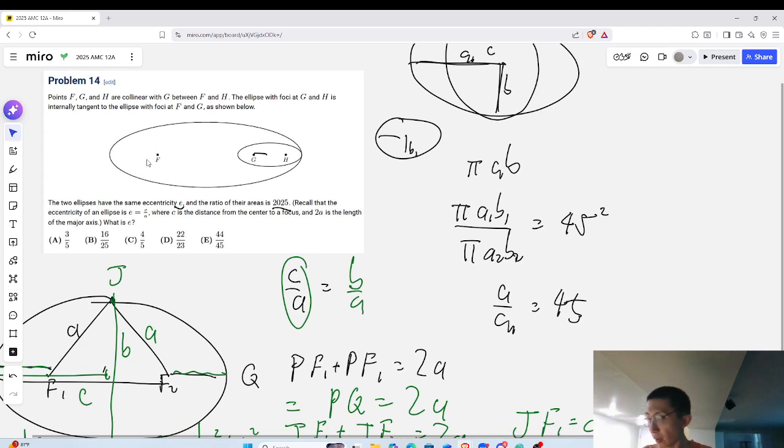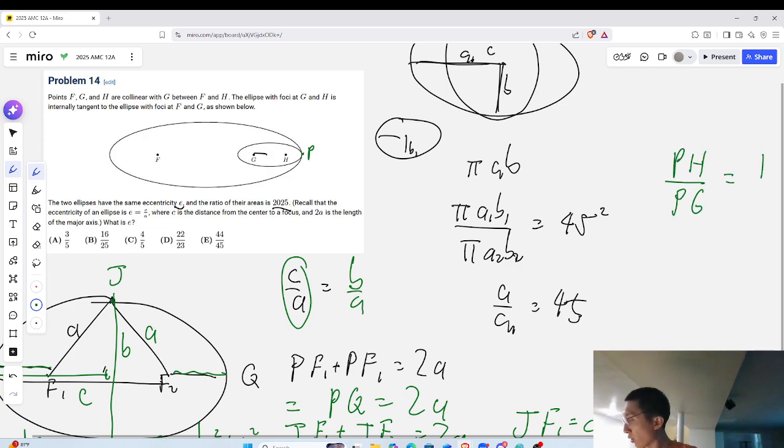Similar parts of similar figures are in the ratio of similitude. So if we take this point to be P, PH over PG is just the ratio of similitude, which is 1 over 45.